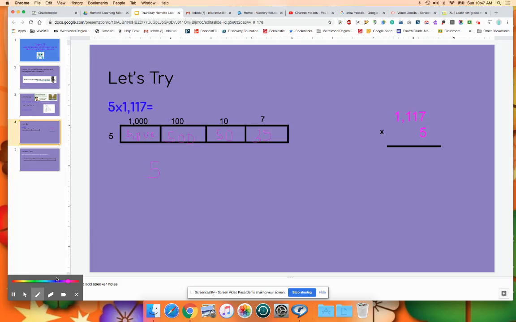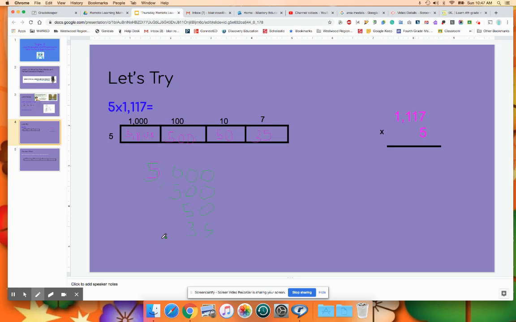So I'm going to rewrite these. And I think the pink is actually sort of hard to see. So let's try green. 5,000. And I bet many of you could do this mentally. Plus 500. Plus 50. Plus 35.